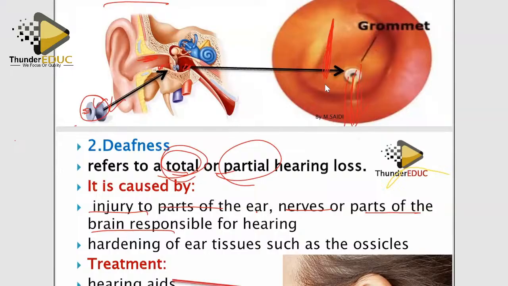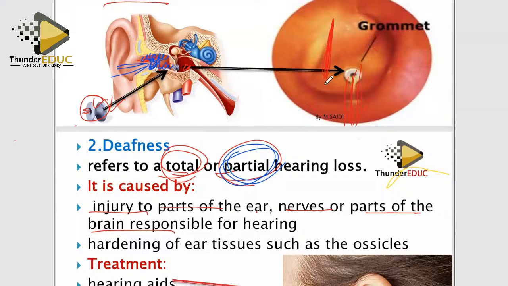Why? Because this wax helps us trap insects and stuff. So if you don't clean your ear, this wax is going to accumulate and then it blocks. Once it blocks, the sound will not go in properly, so you're going to suffer from what we call partial deafness.